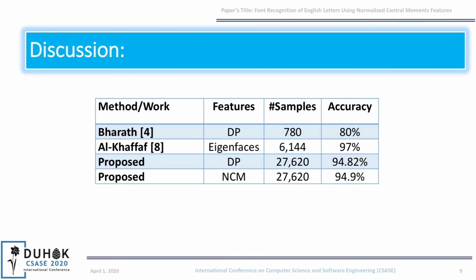The recognition rate of our system is less than 3% lower than Al-Khaffaf's work. Al-Khaffaf's work also used principal component analysis (PCA) to reduce the number of features.